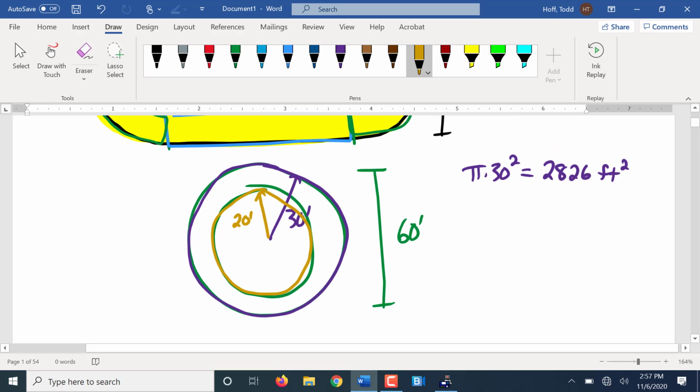No, it won't quite work. So it'll be pi times 20 squared now to get us that small circle. So that comes out to be 1256.